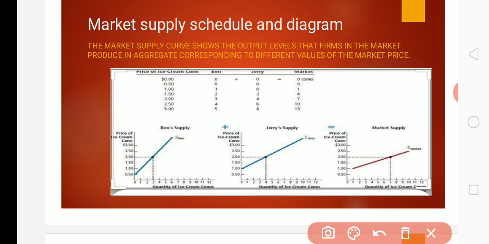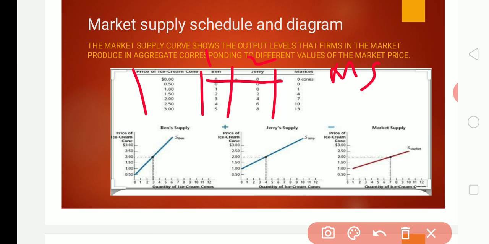Now you can observe the different prices given, this is firm 1's supply and this is firm 2's supply. When we add up both firm 1 and firm 2, the sum we get is called the market supply.